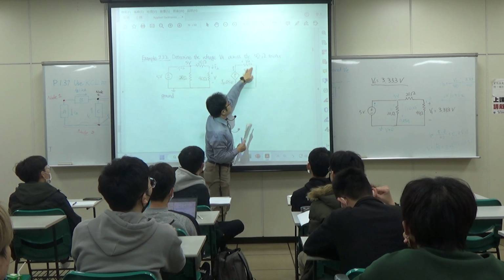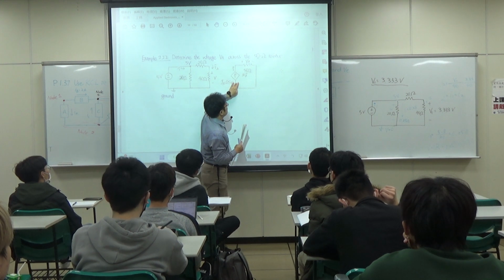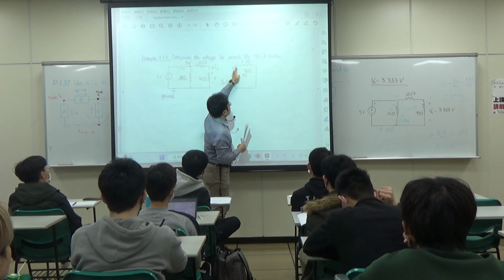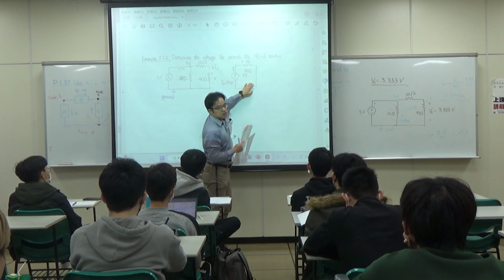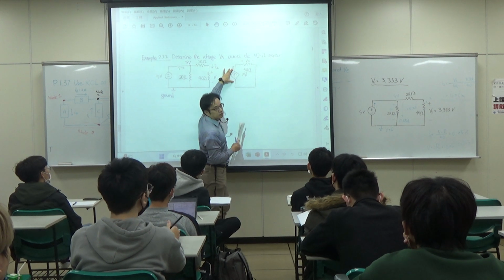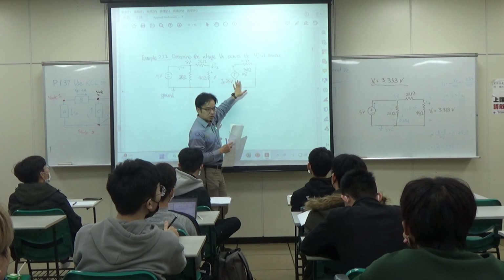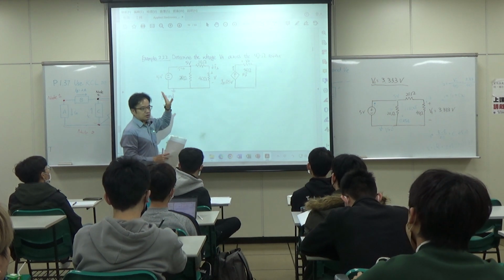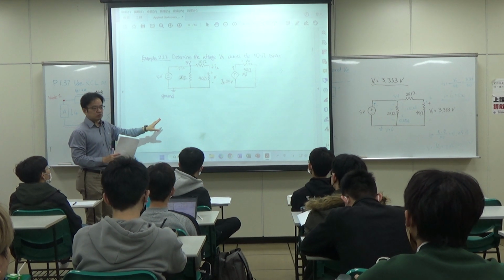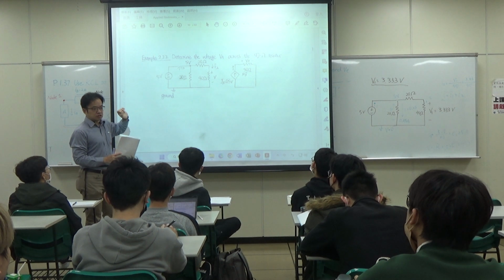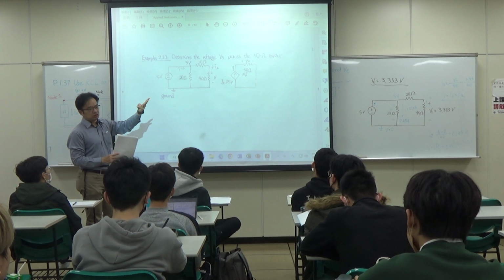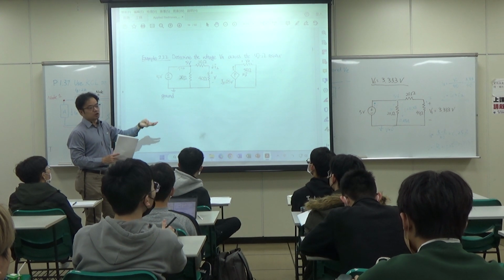We apply KVL, positive, negative, so minus plus equals 0, and then we can calculate the voltage across this dependent current source. Okay, so we can solve every voltage and current inside the circuit by using just three: KVL, KCL, and Ohm's law.